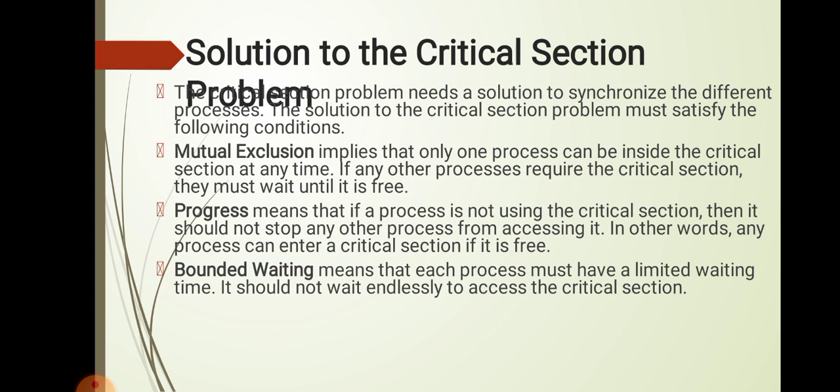Bounded waiting means each process must have a limited waiting time. It should not wait infinitely to access the critical section. If a process is waiting to enter the critical section, it has to wait only for a specific time. It should not wait infinitely. So this is bounded waiting.